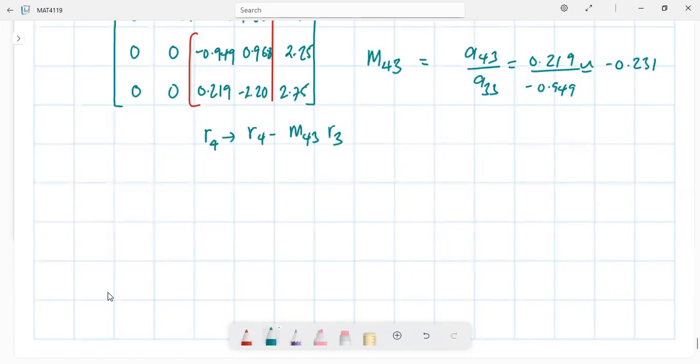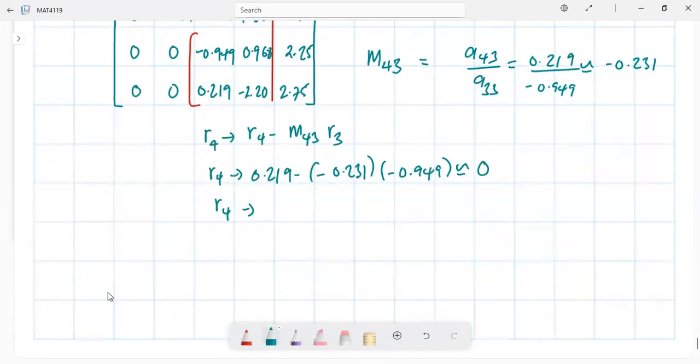So row 4 becomes 0.219 minus negative 0.231 times the element in row 3, which is negative 0.949. And if you do that, this will approximately give you 0. Okay. And then again, the next element to introduce is that negative 2.20. So negative 2.20 minus negative 0.231 times that element, which is a what?